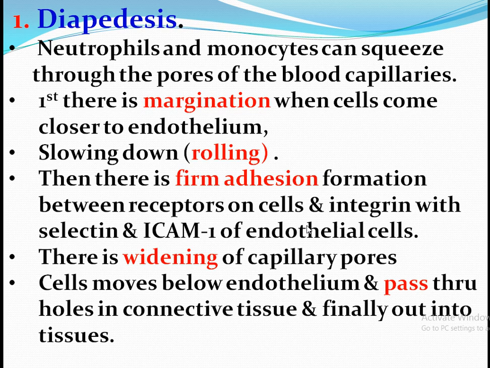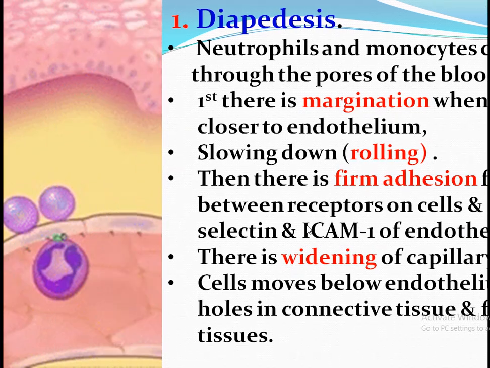Then what happens? There is adhesion formation between the receptor integrin on cells with selectin and ICAM-1 of endothelial cells. So they stick with the endothelial cell. There is widening of the capillary pores. Cells move below the endothelium and pass through holes in connective tissue and finally out into the tissues.